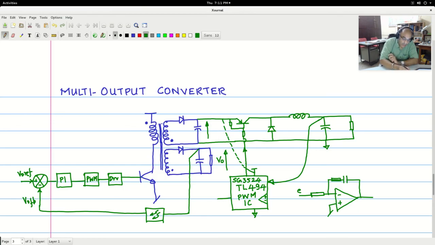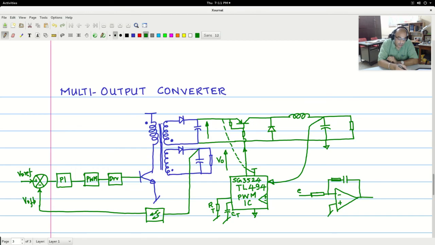So there is facility for setting the switching frequency for this buck portion of the converter with the help of timing resistor and capacitors. So these would be the RT and CT for the local PWM IC.